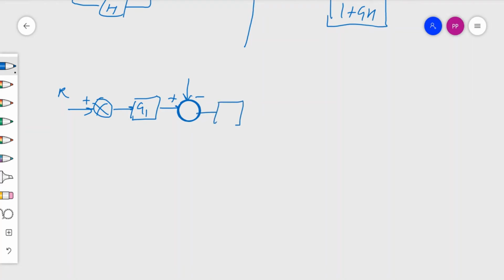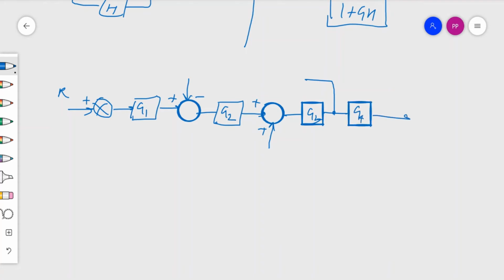Then I have G2, then you have another summing point, some signal is coming and added over here. Then you have G3, and here we have some takeoff point, some signal is going out, and then I have G4, and that is going to the output Y.